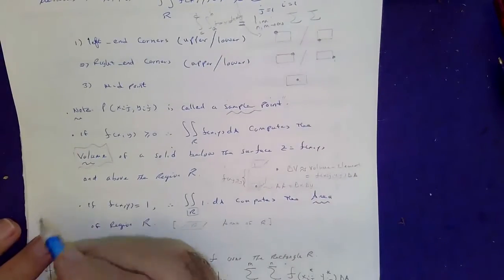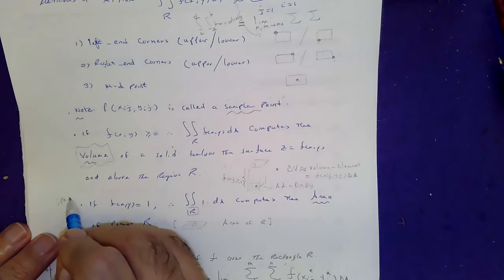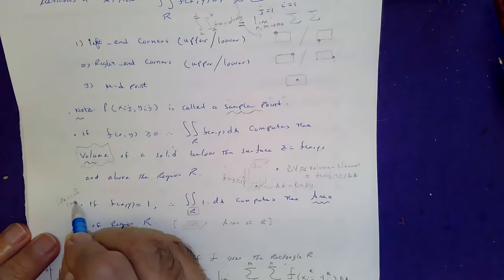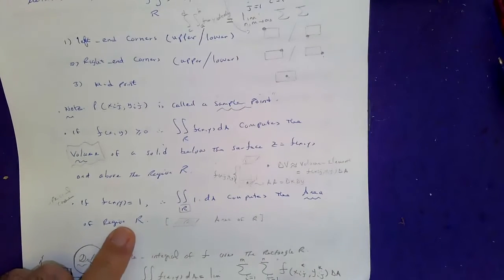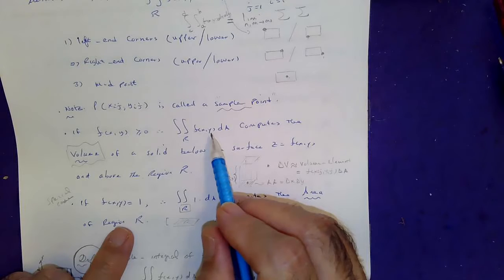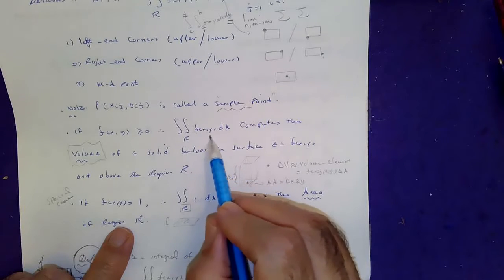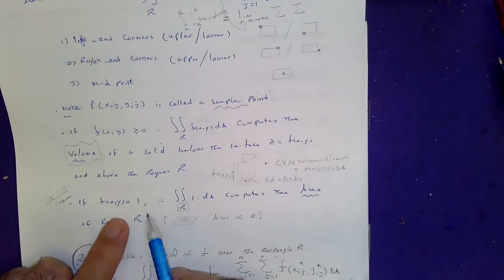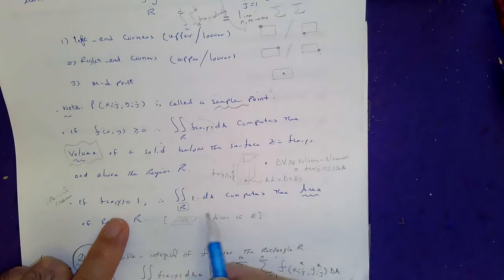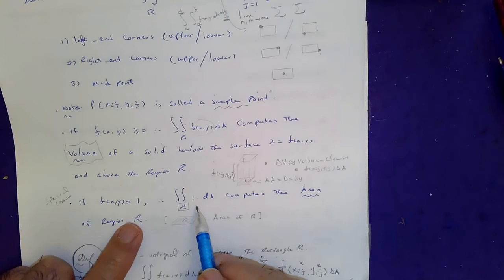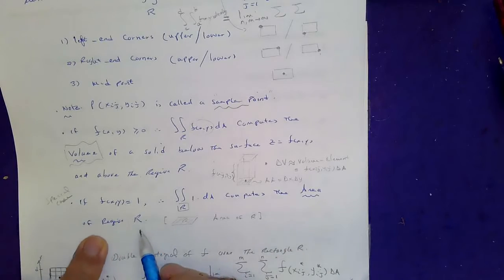So this would be a special case: what happens if the integrand of the double integral, this guy right here, is equal to 1. If it is equal to 1, then this double integral, with the integrand constantly equal to 1, computes the area of the region R. So it would tell you what the region R is, correct?